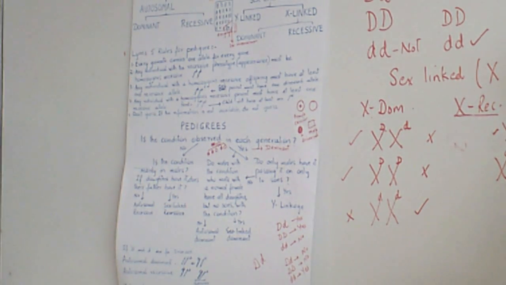And the other thing is that the father, if he's affected, must pass it on to all of his sons, and his daughters will never get it because daughters do not get the Y chromosome.